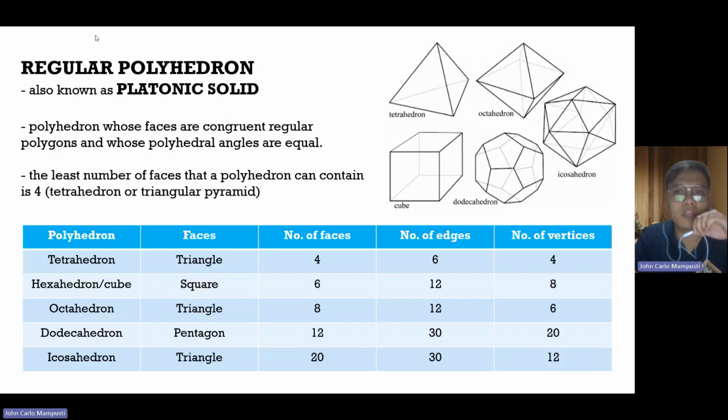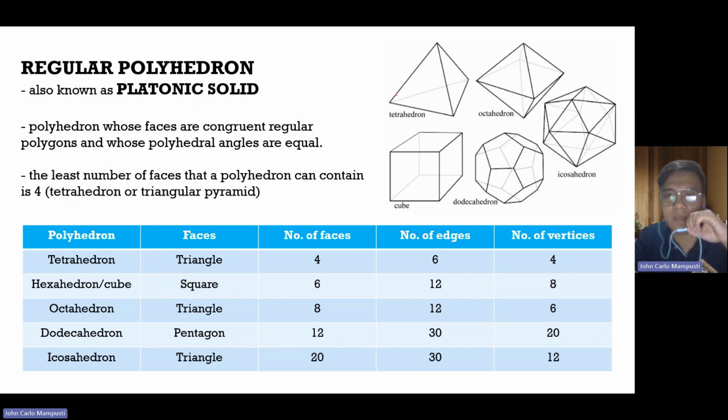So when we say regular polyhedron, this is also known as Platonic solid. Polyhedron whose faces are congruent regular polygons and whose polyhedral angles are equal. So the least number of faces that a polyhedron can contain is 4 faces, which is the tetrahedron or the triangular pyramid.